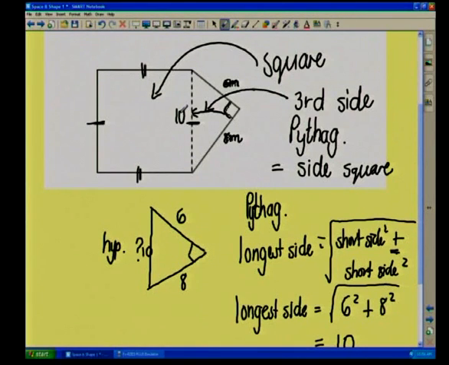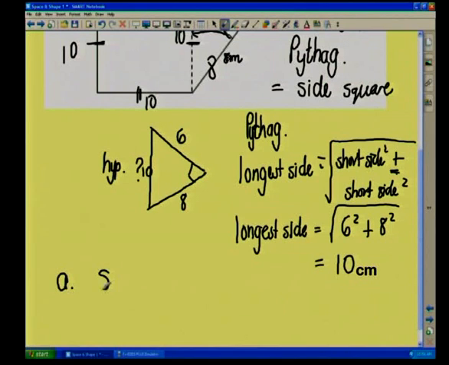And because this is a square, this is going to be 10, that's going to be 10, and that's also going to be 10. So we can see that we've got, let's write this a little bit clearer so you can actually see, 6, 8, and 10. Part A, the side of my square is equal to 10 centimeters.